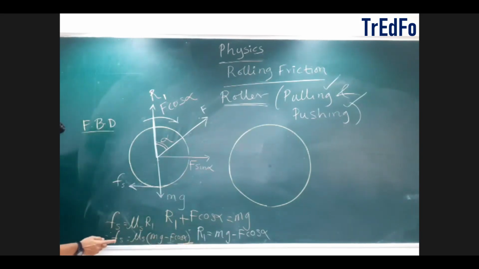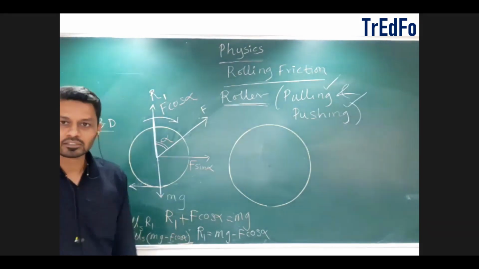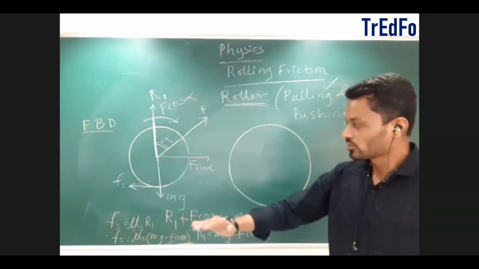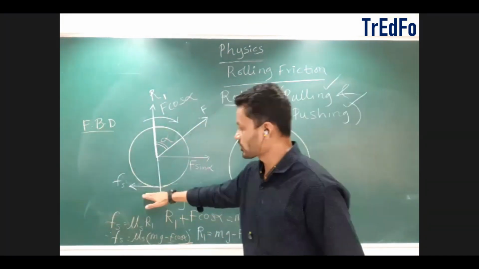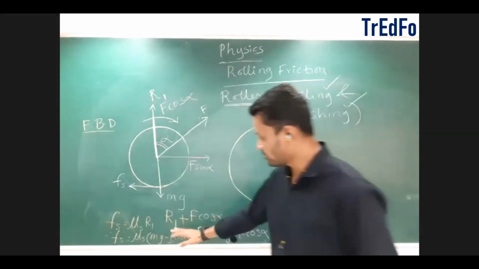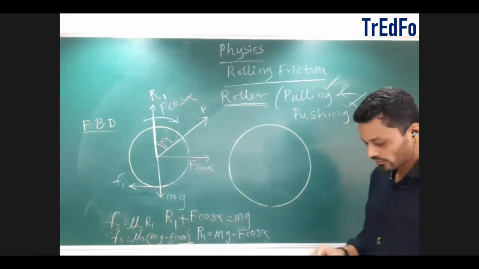That means my static force of friction is mu s (mg minus F cos alpha). This is the frictional force acting between the wheel and the surface. Similarly, we will find Fs now for the other case, and we call that Fs dash.